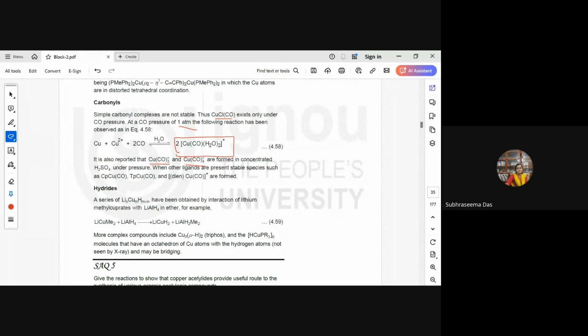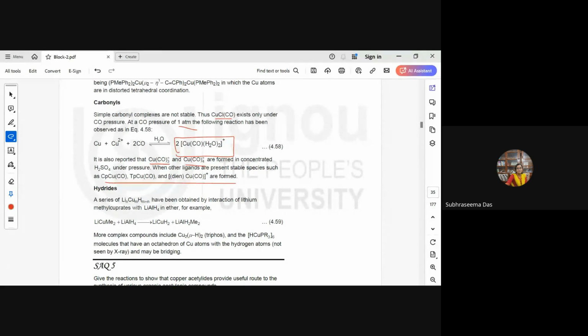When other ligands are present, stable species such as these are also reported. So organocopper complexes with carbonyls are formed under pressure, also with H2SO4. At normal conditions, copper does not form a carbonyl complex.